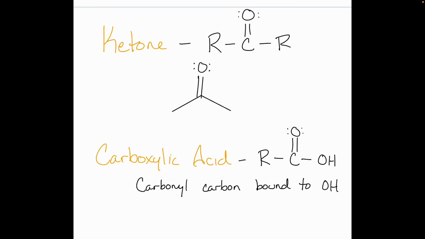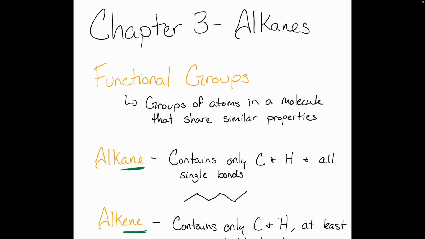All right, so our main focus for this particular chapter are these alkanes. That's kind of the simplest type of organic molecule where you only have carbons and hydrogens and only single bonds. So that's kind of a natural place to start. Okay.